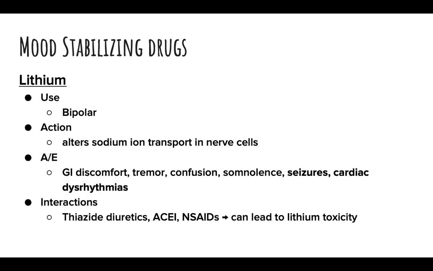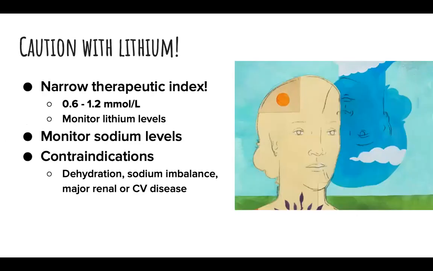So nobody's putting lithium in their water, but these areas of the world that have more lithium from that runoff water into their water supply have lower rates of suicide. And this has been shown throughout different continents. It's a pretty cool phenomenon.